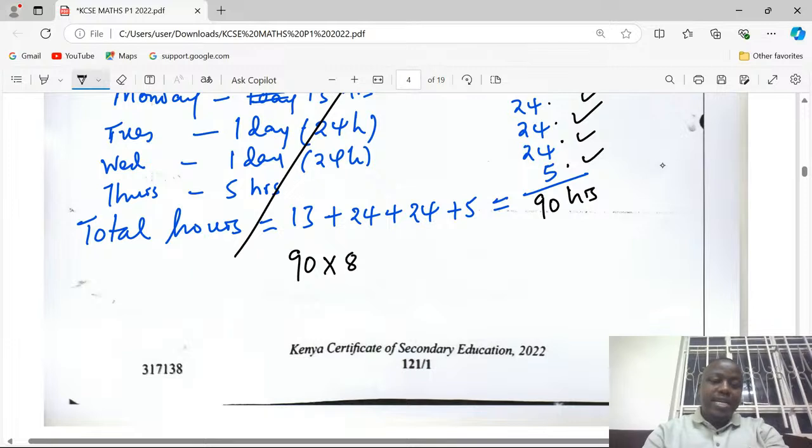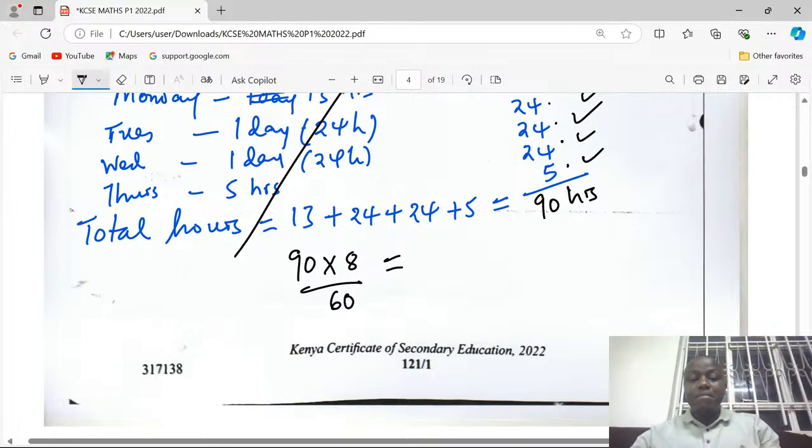So how many seconds shall we lose? Because they are more than a minute, we can convert them to minutes by dividing by 60. So 90 multiplied by 8 over 60 is exactly 12. So we are losing 12 minutes. They are many seconds, but we've converted them to minutes directly.